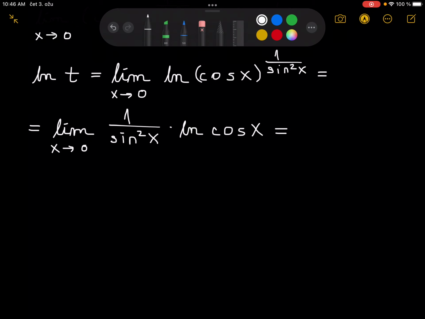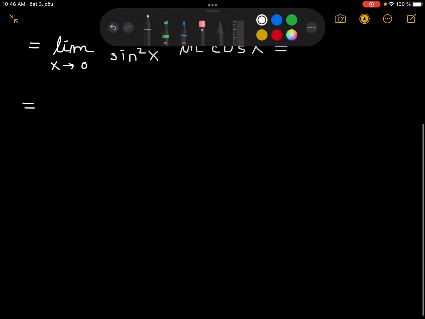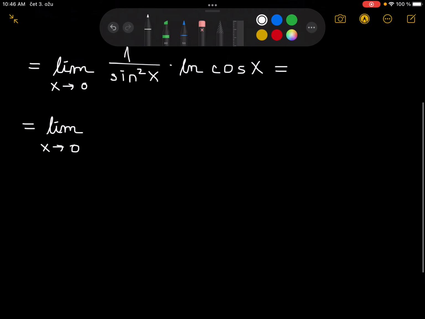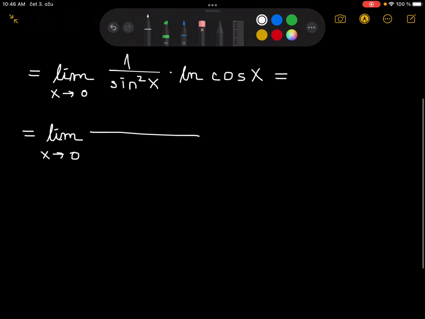And of course, this can just be rewritten as the limit as x approaches 0 of the natural log of cosine x over sine squared of x. Now let's just take a moment and plug in 0 into this expression.